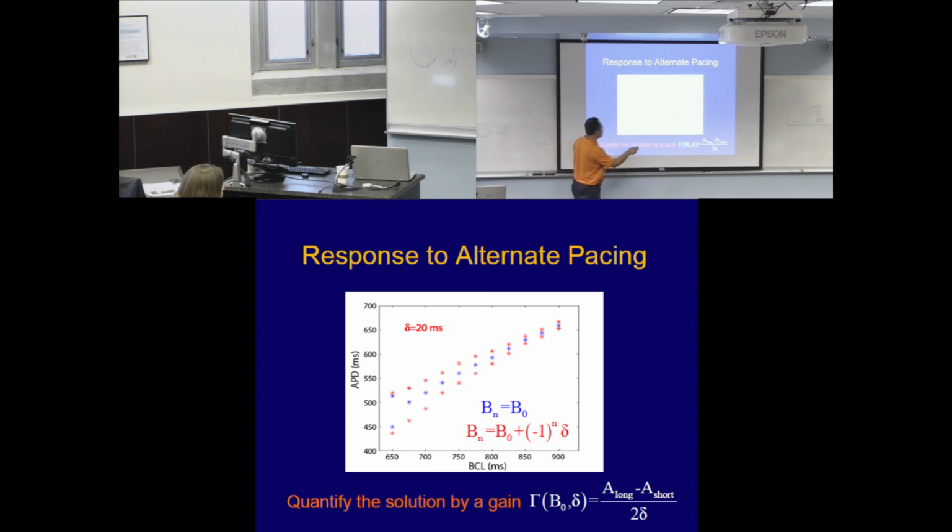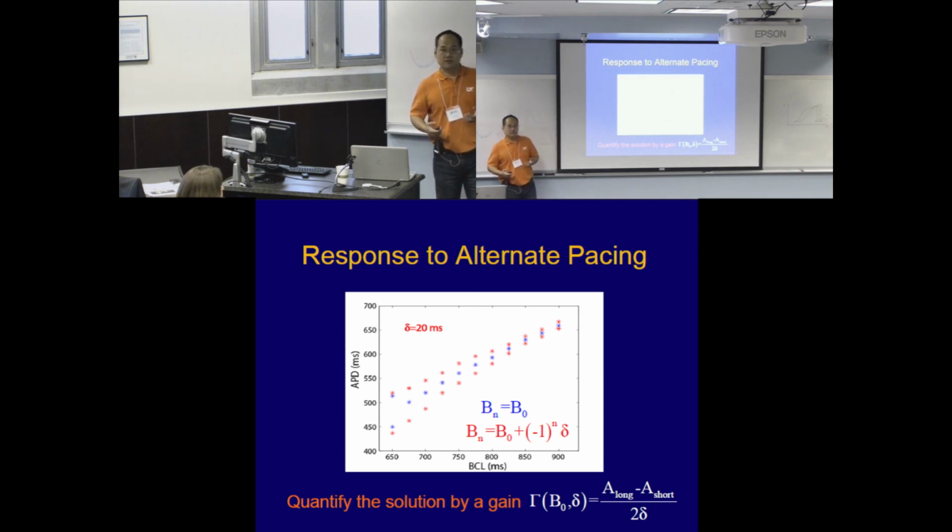So the constant pacing response was, I don't know which point I'm pointing to, 1-to-1, but because my pacing now has a perturbation, my response will have large, small, right? So we calculate the difference between those large and small APDs, divided by the size of the perturbation.